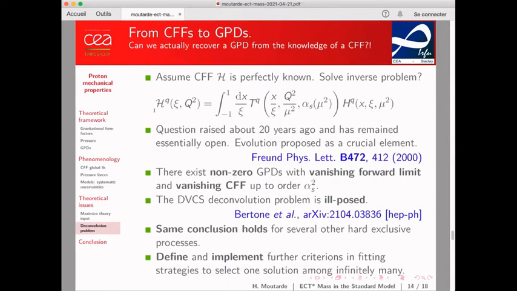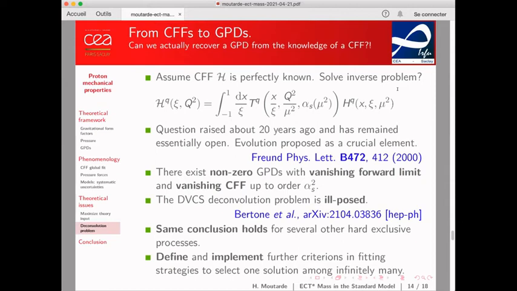So the question is, assume that we can extract the Compton form factor H infinitely precisely from the data and at as many psi values as you want. The question is, how can we retrieve H, the GPD H? It turned out that this question was raised about 20 years ago, and from my point of view, it has remained essentially open, which means that when we looked at the literature, people thought that evolution would play a crucial role, but it was not clear whether in principle it was something feasible or not.